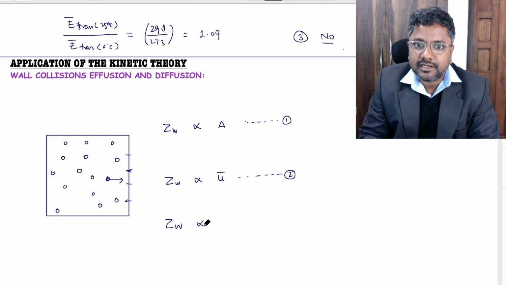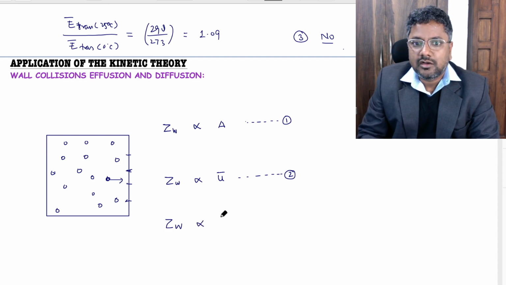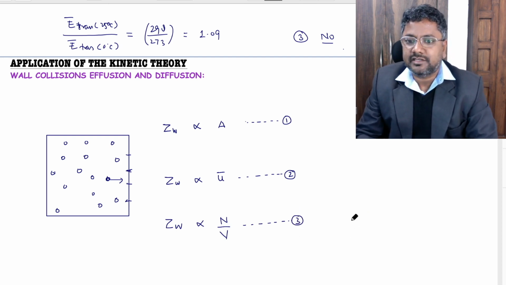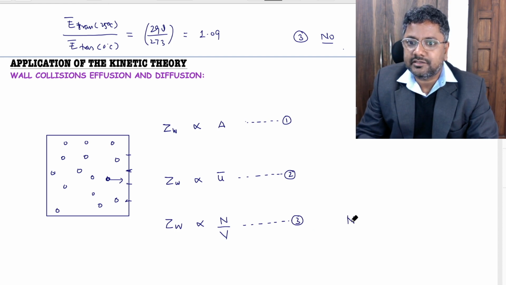That factor is ZW is directly proportional to N by V. Remember, dear students, what is this factor? N by V is the number density.